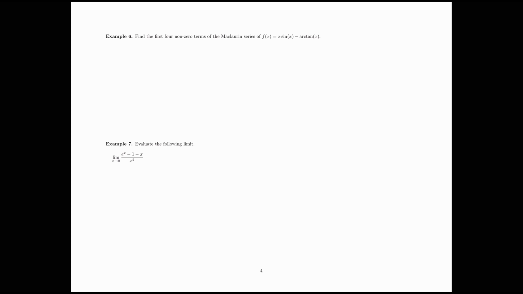Sine of x, its Maclaurin series is the sum from n equals 0 to infinity of negative 1 to the n over 2n plus 1 factorial, x to the 2n plus 1, and arctangent of x is the series n equals 0 to infinity, negative 1 to the n, all over 2n plus 1, x to the 2n plus 1.